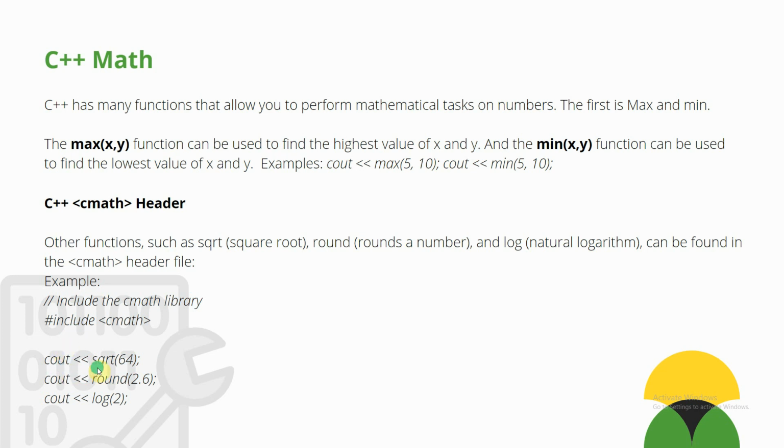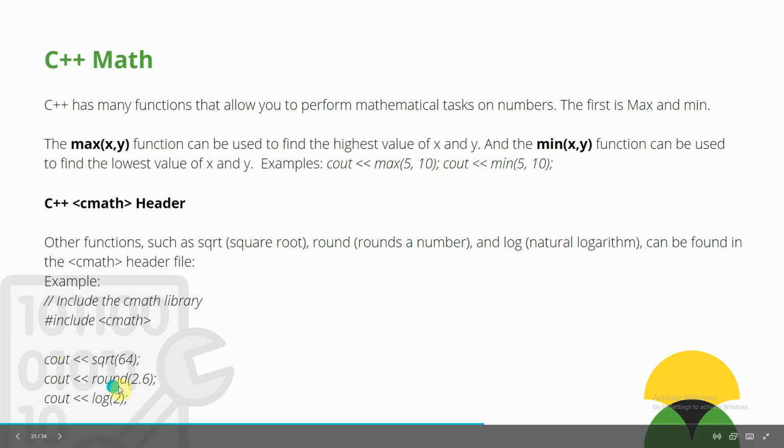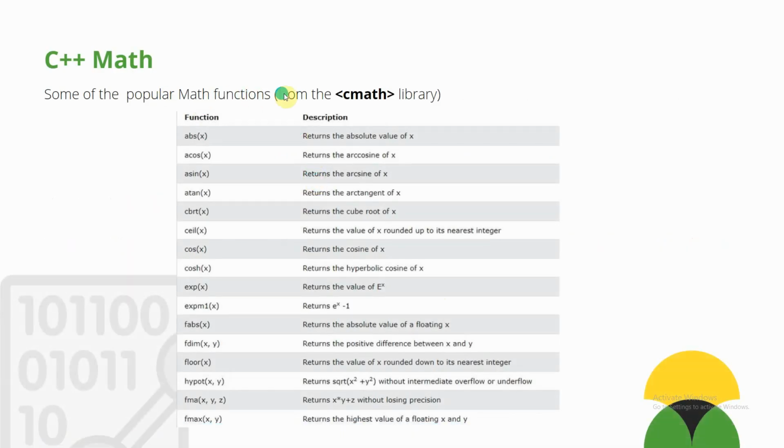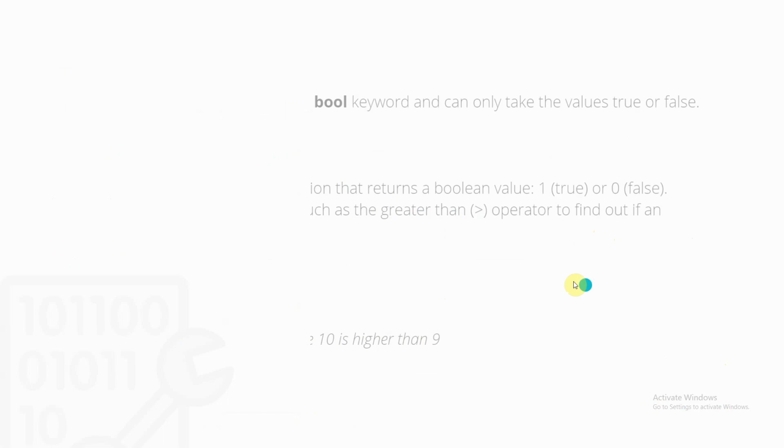So these are examples of square root, round, and log. This was declared before in cmath, in your header file, before using these functions. So examples of other math functions are cosine, absolute value, arctangent, and other mathematically related computations are represented by these math functions within the cmath library.